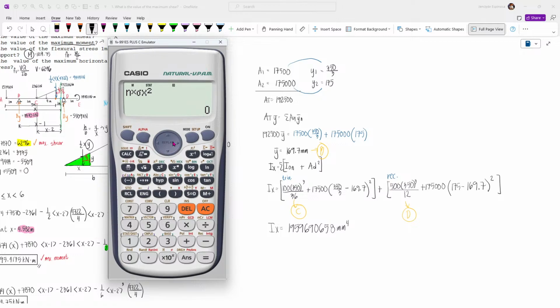Nya i-square na nato. Nya ato tong i-plus ang individual nga moment of inertia, ang C ug D. So C plus D, 1959690657. Na medyo na-discrepancy siguro tungod sa rounding off of values.